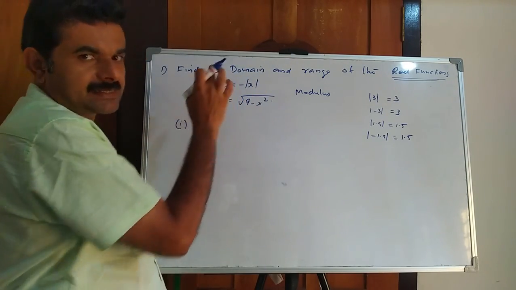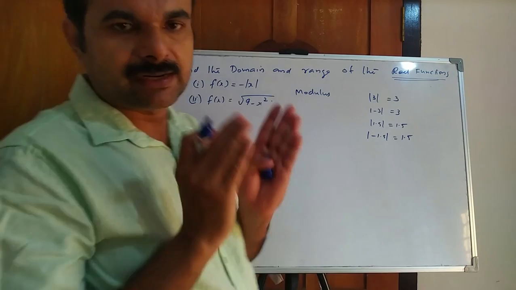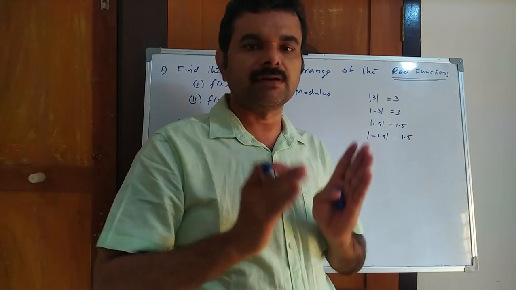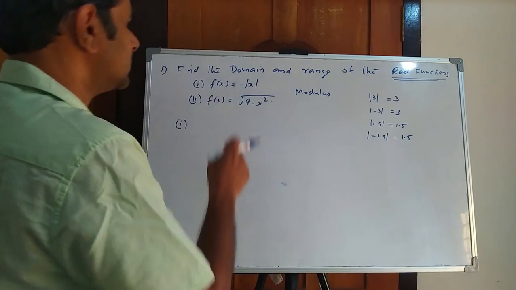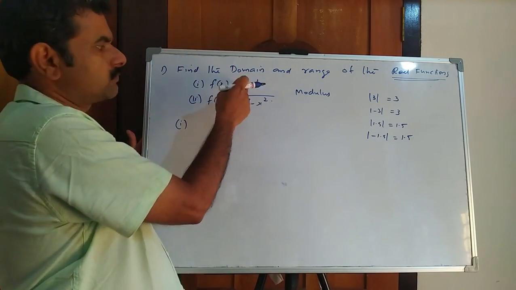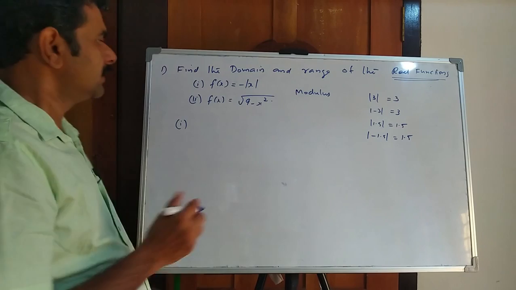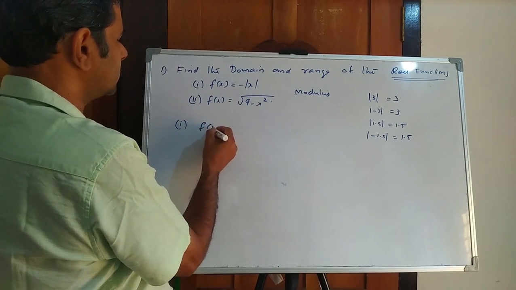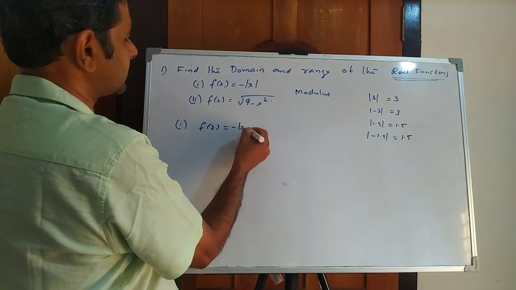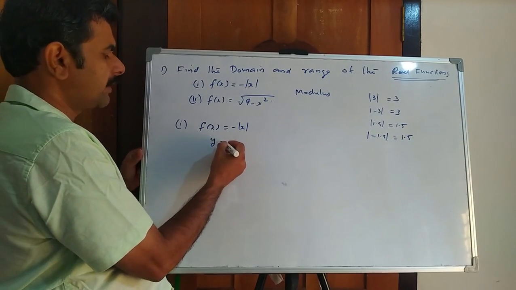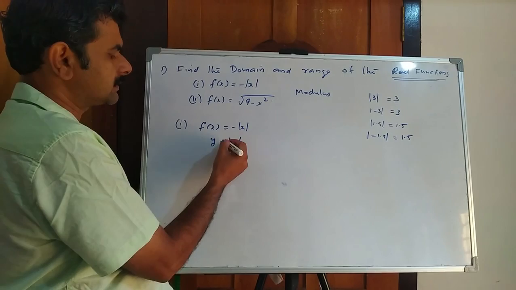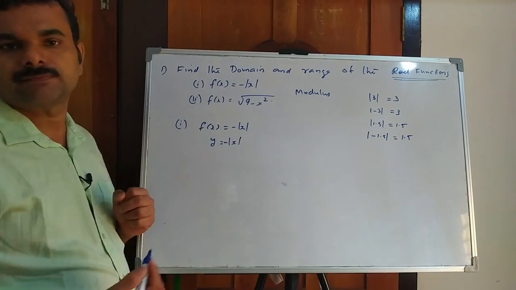This function is a real function because we are taking only real number values for both domain and range. Which are the possible values to be put for x? Here f of x is equal to minus mod x. Another name for f of x is y. Here y is equal to minus mod x. f of x means y.